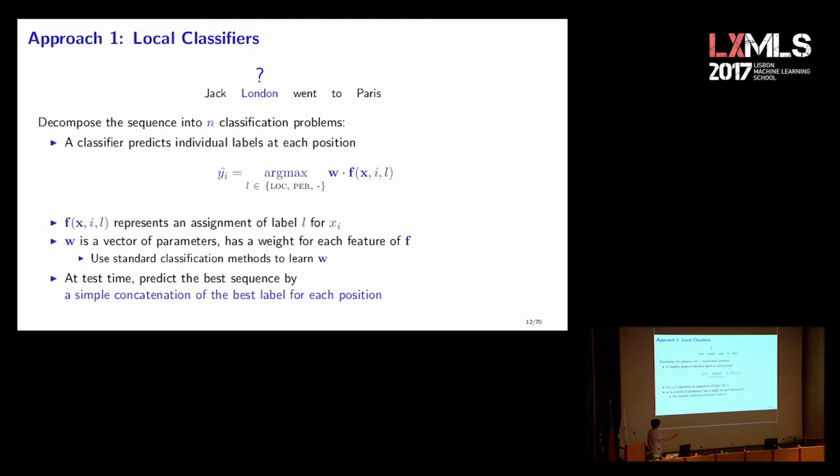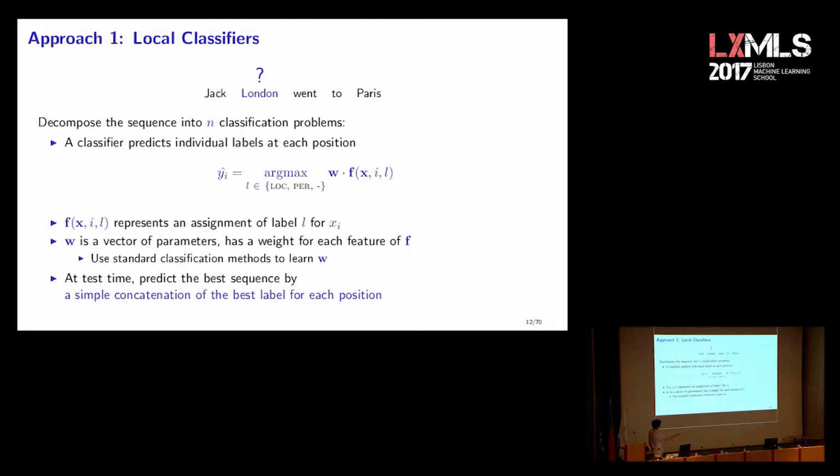A linear classifier can be formalized as the inner product between a weight vector and a feature vector that represents our assignment, okay? So here the situation is that we have a full sentence x, that's the input, a fixed position i, so for example i is 2, and a candidate label l, and we iterate over each label, but at each point we have a fixed one, okay?